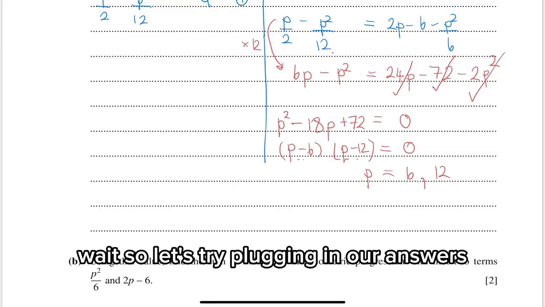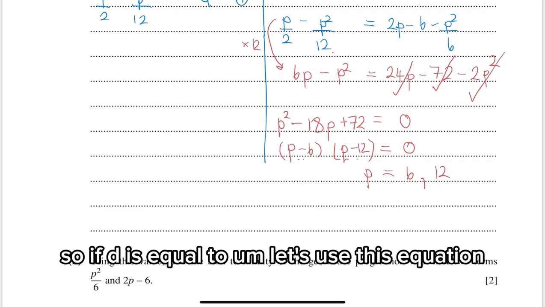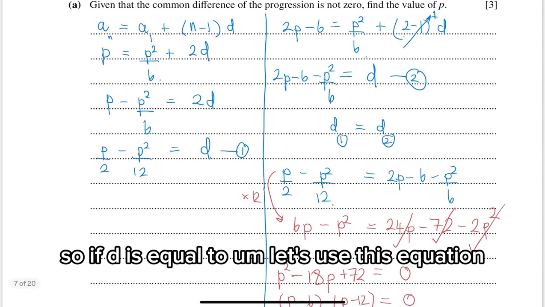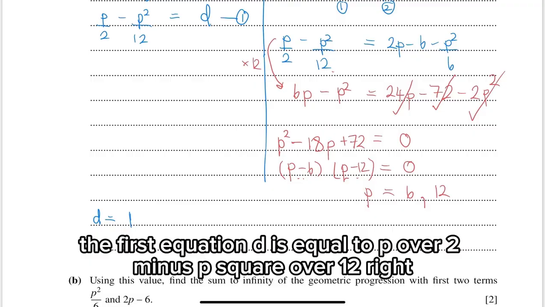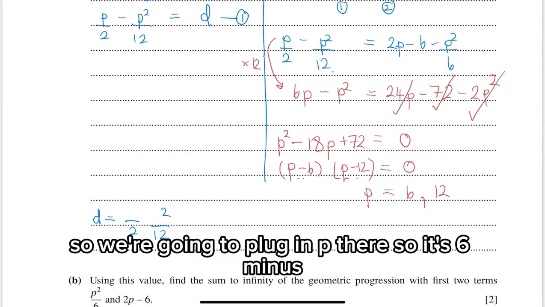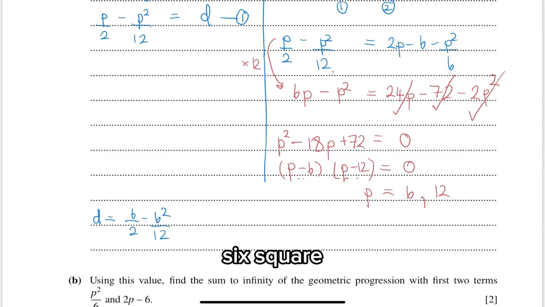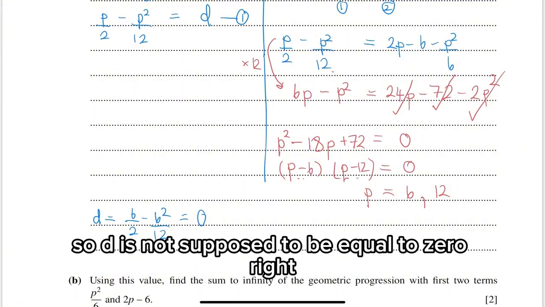Right? So let's try plugging in our answers. Let's use the first equation. d is equal to p over 2 minus p squared over 12, right? So we're going to plug in p there. So it's 6 minus 6 squared, and we will have 0. So d is not supposed to be equal to 0, right?